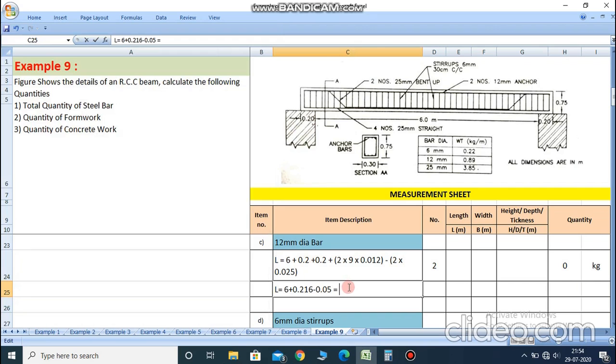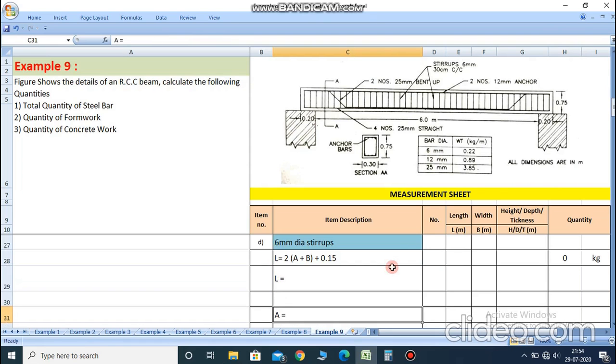Clear? So total length is 6.16 meter. At the rate of 12 mm diameter bar per meter length, kg value is given 0.89. So we find out the multiplication of 2 multiplied by 6.16 multiplied by 0.89. So 10.965 kg is its answer for the 12 mm diameter anchor bar. So here only two numbers are given.